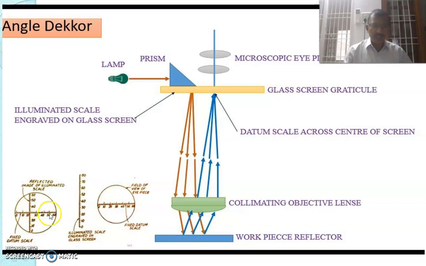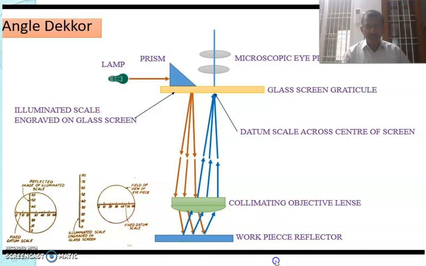This is the eyepiece. In the eyepiece there is a fixed horizontal scale, a datum scale, and the reflected image is seen against it. This vertical image is the reflected image, and it directly gives a reading of the angular displacement.